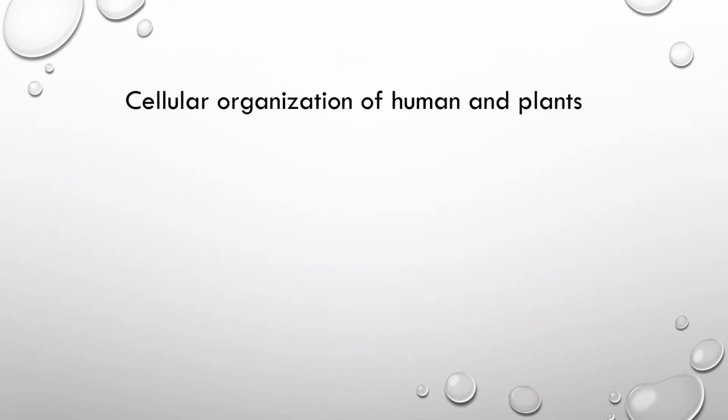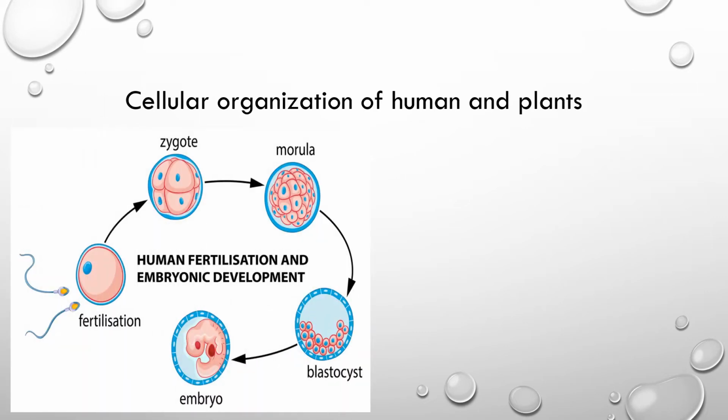Now we'll see how the cellular level of organization can be identified in both plants and animals. For example, we'll take the embryonic development of a human. In fertilization, an egg cell and a sperm cell combine to form the zygote, and by further cell division it forms an embryo, and this embryo develops into the multicellular organism by further cell division and the development of cells.